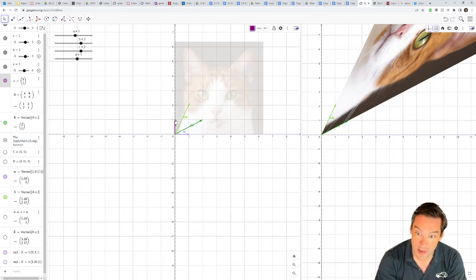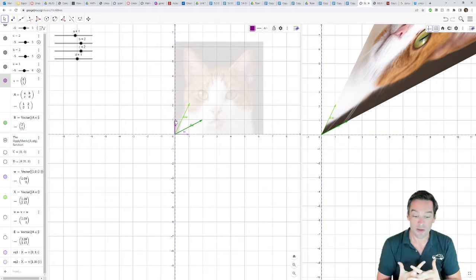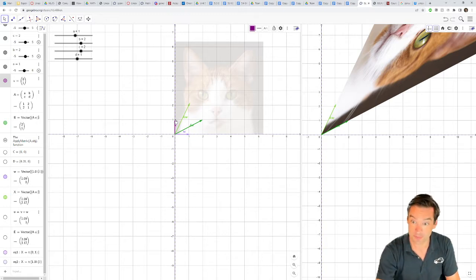And so what we're going to end up trying to look for is examples of vectors for which this linear transformation is not changing their direction, but is only changing their magnitude. So, speaking geometrically, can I find an example of a vector for which its image is parallel to the original vector itself?